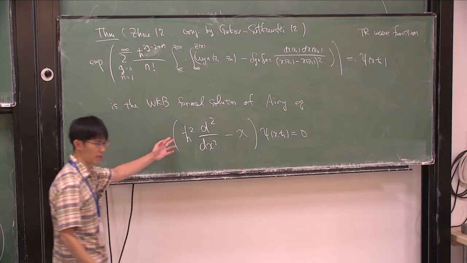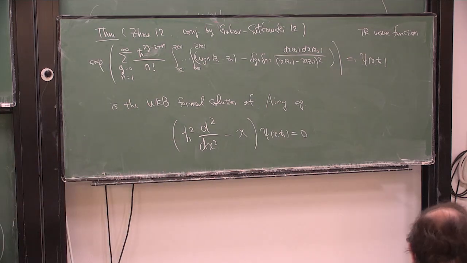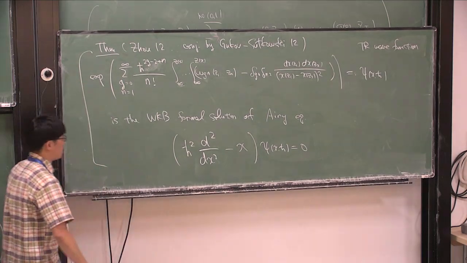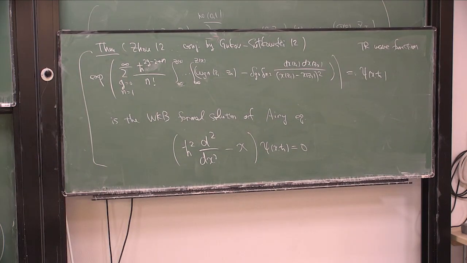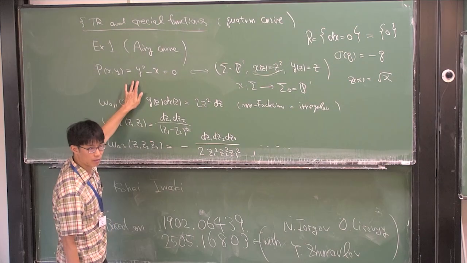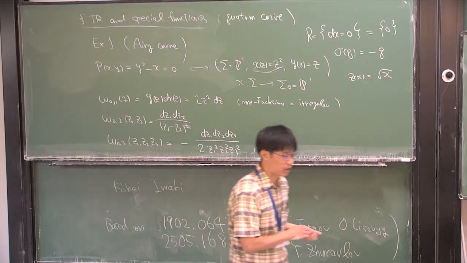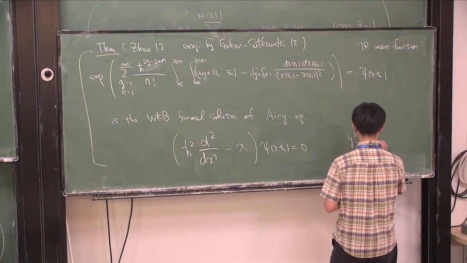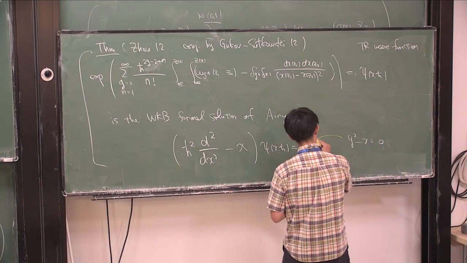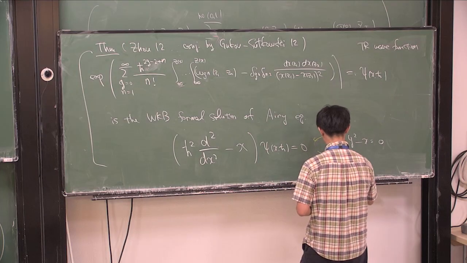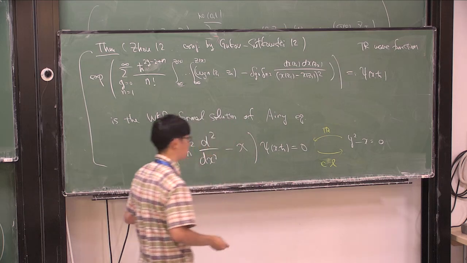And this is a relation between topological recursion and differential equation. The resulting Schrödinger type of operator is some kind of quantization of the original spectral curve. In this sense, topological recursion can be regarded as one of the ways to quantize the spectral curve. The original spectral curve is here, and TR is some quantization, and this is the classical limit of the equation.